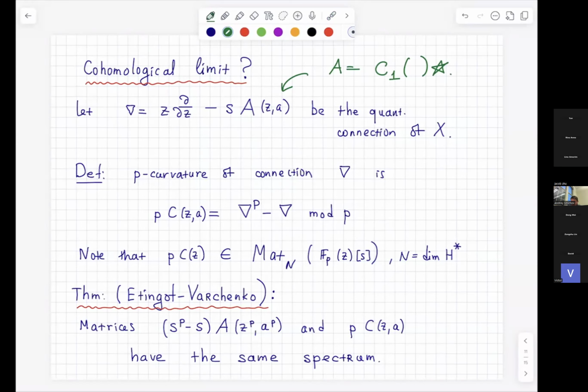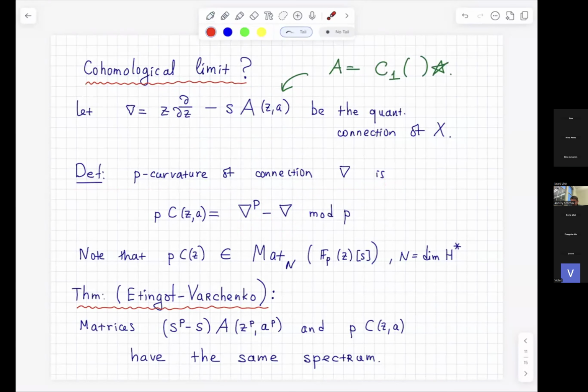So, what is p-curvature? By definition, the p-curvature of a connection nabla is the following thing. You take this differential operator, raise it to the power p, subtract the operator nabla, and reduce all coefficients modulo p.